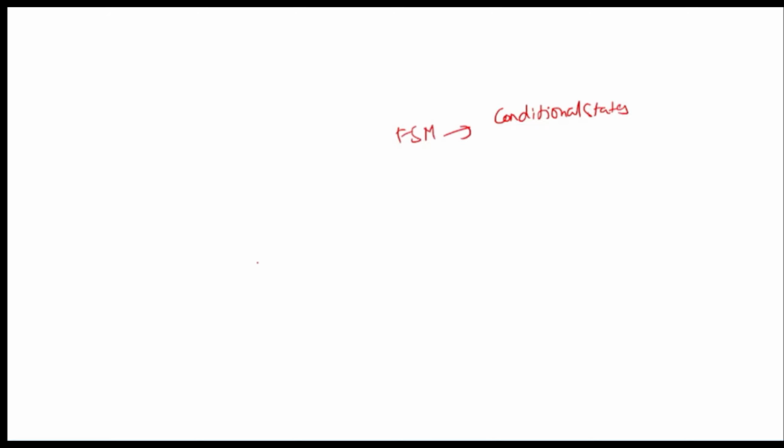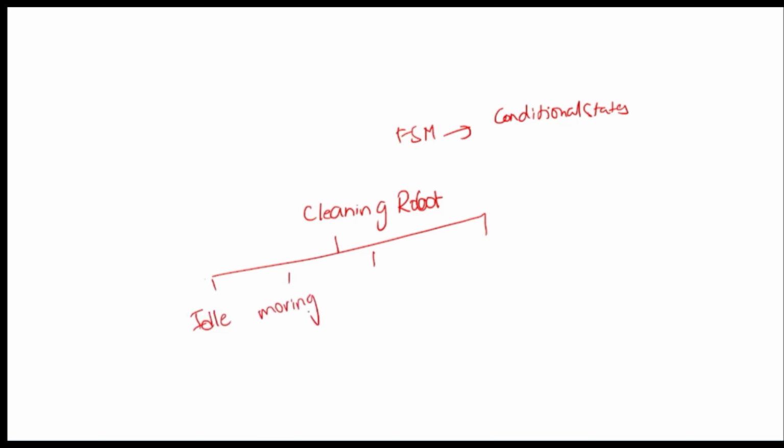So let me give you a small example so that you'll easily understand what FSM is. Let us consider that we are designing a cleaning robot. A robot designed for cleaning purposes will work under certain states, is it not? For example, its first state will be idle, and then the robot should move, and then it should clean, and then it should mop.